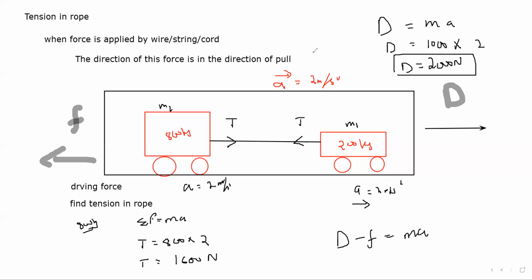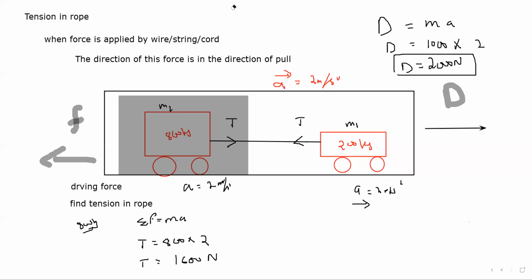Now what I did, I considered an individual object, only this object. But I can also solve this question by using the 200 kilogram object. When I consider the 200 kilogram object, what are the forces?